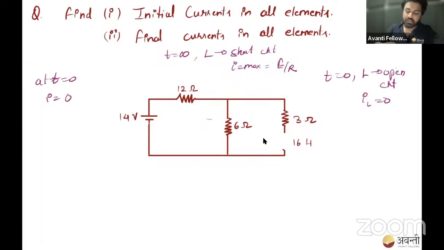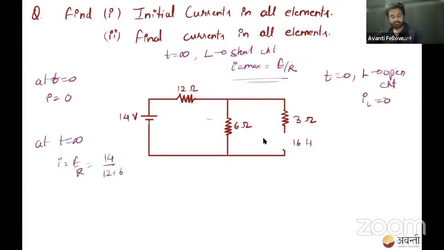Initially the current is 0, so finally the current is E by R. At t equals to infinite, I is equal to E by R, and it will be 14 by 12 plus 6. Okay.